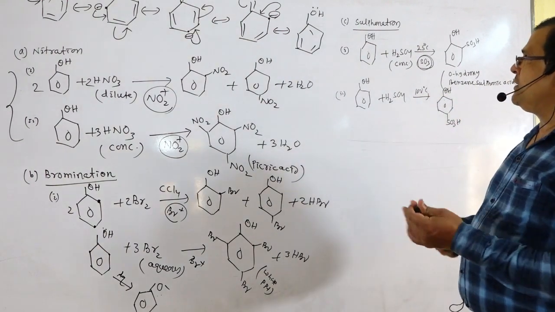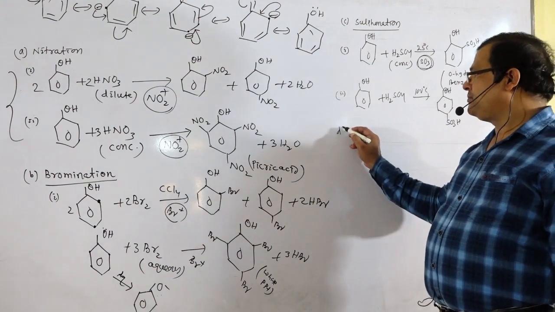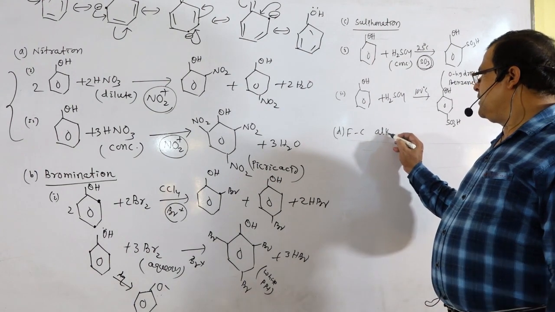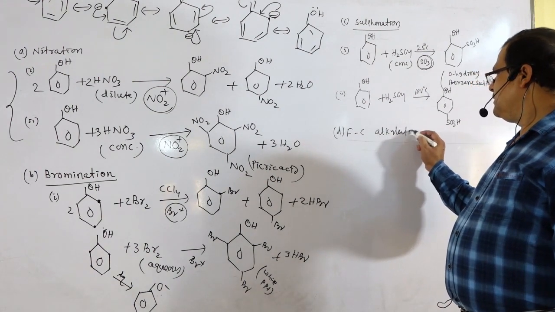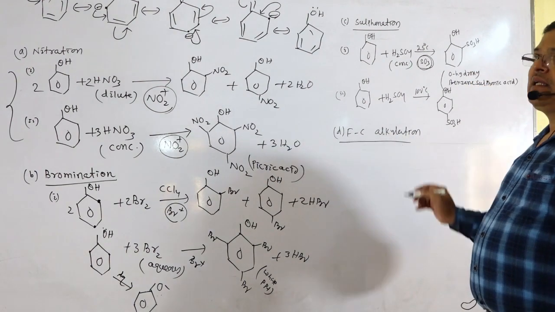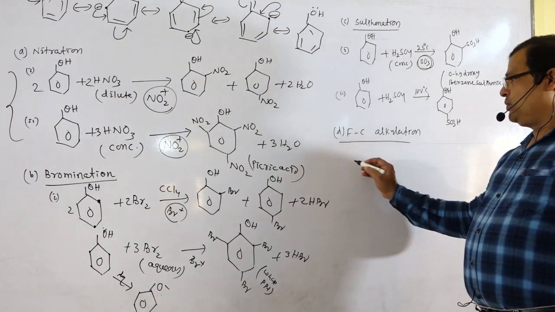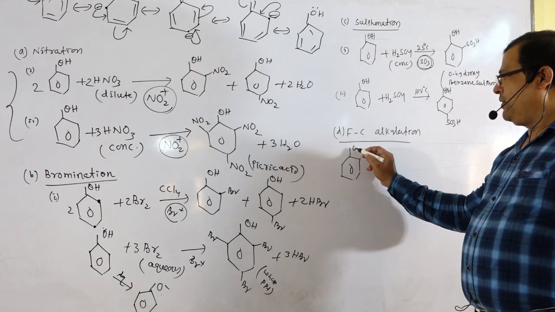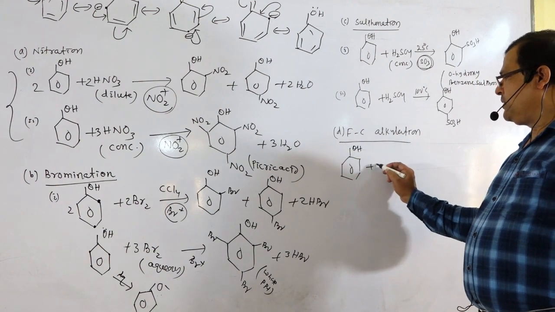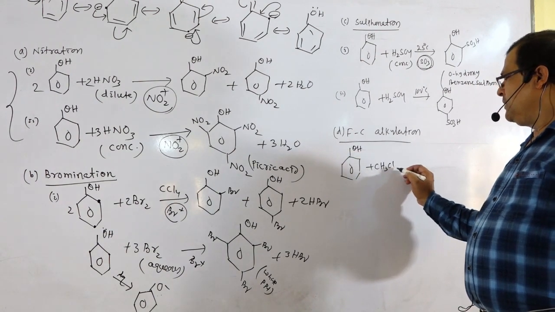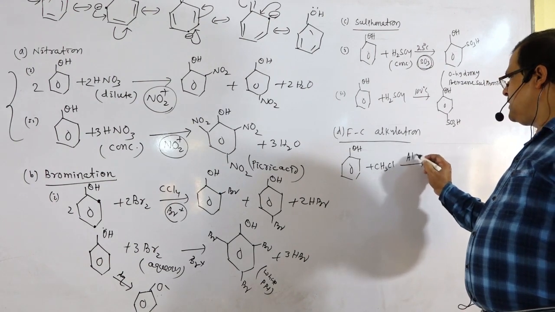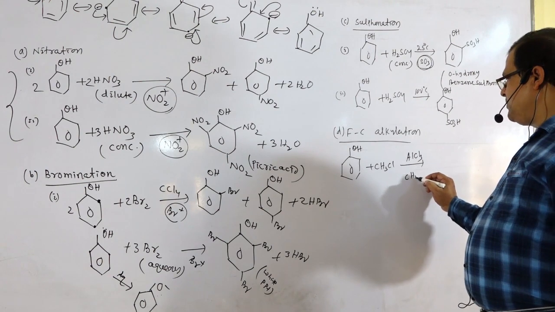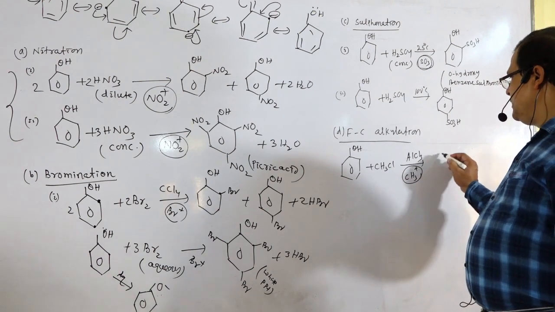Next we will discuss Friedel-Crafts alkylation. Phenol is treated with methyl chloride in the presence of AlCl3. In this case, CH3 plus will act as the electrophile.